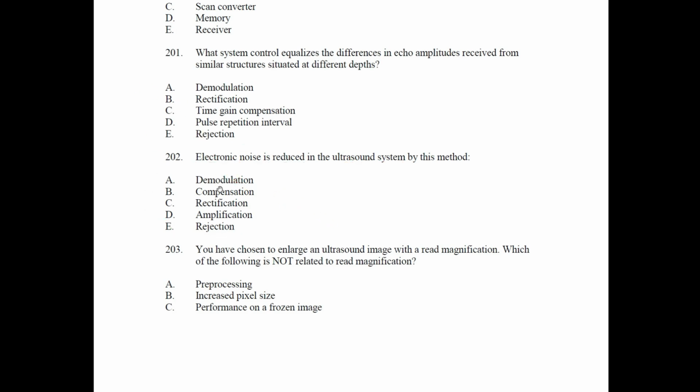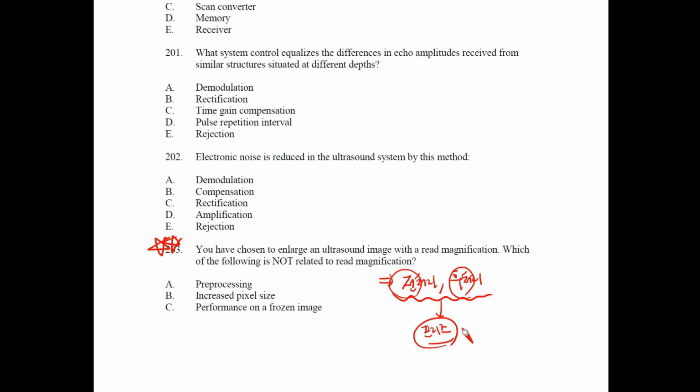Next, let's move on and look at question 203. Since this question is important, let me emphasize that first. The main point of this question is to check whether you understand the difference between pre-processing and post-processing in image processing. The most basic concept for distinguishing between these two is that during inspection, you press the freeze button.